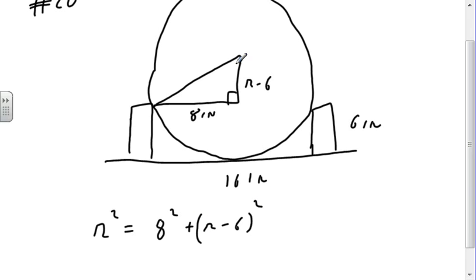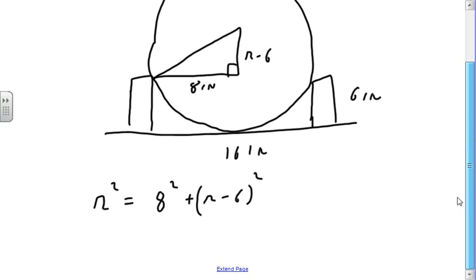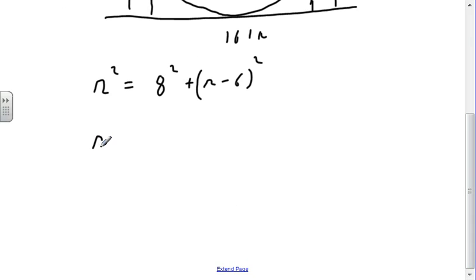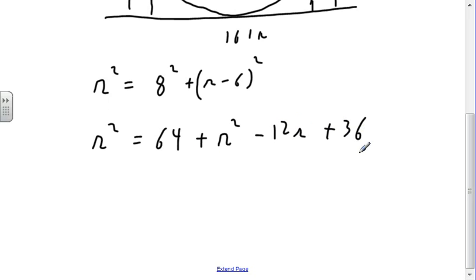And then we could say that r squared is 64 plus r squared minus 12r plus 36. And then we could see that the r squares go away, and we could have 12r equal 100.